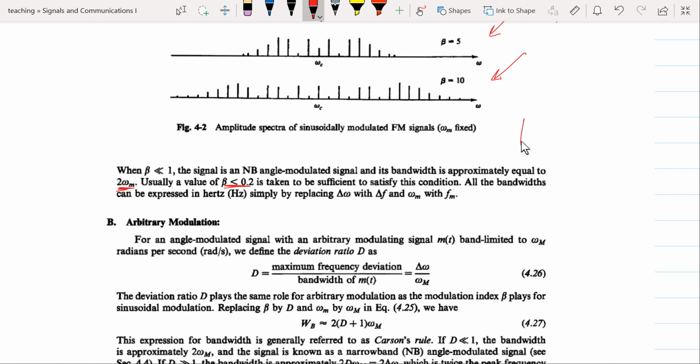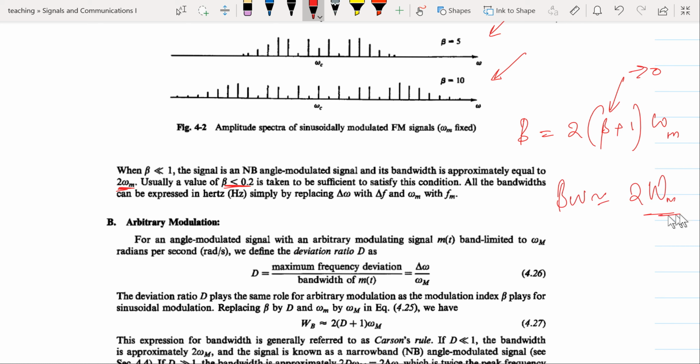Because the bandwidth is given by 2 (beta plus 1) omega m, when beta is far much less than 1 we can consider it to be approaching 0, and so the bandwidth can be approximated as 2 omega m.